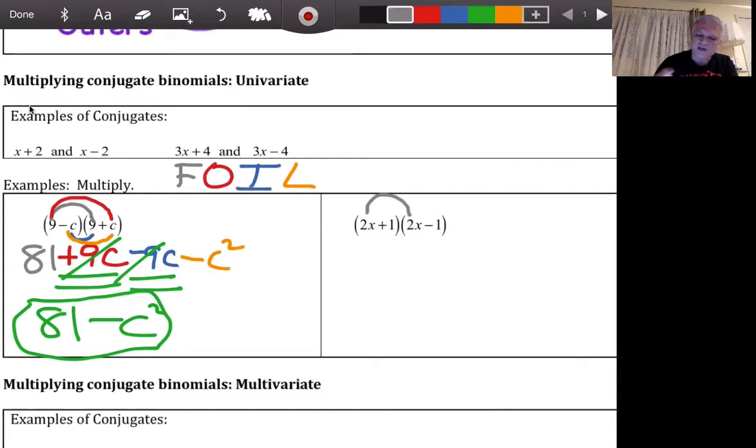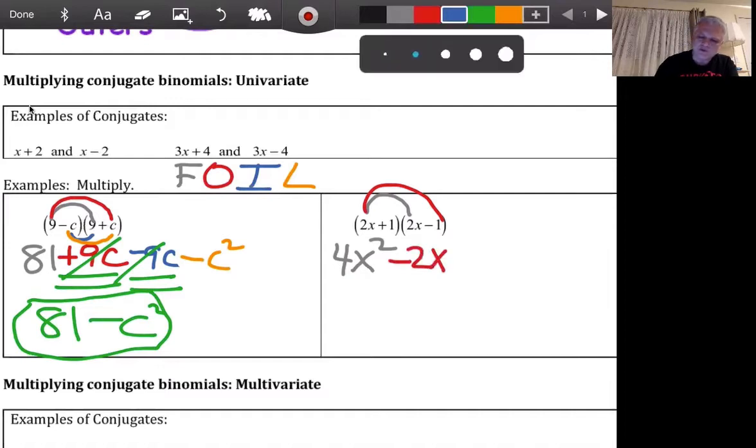So first times first, 2x times 2x, 2 times 2 is 4. X times x is x squared. Let's take the outers. So 2x in the first set of parentheses times the minus 1. So 2x times minus 1 is minus 2x.